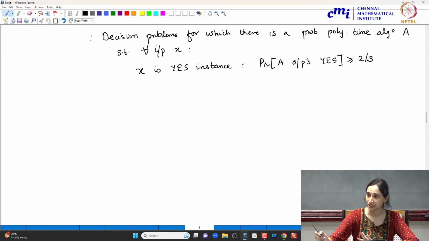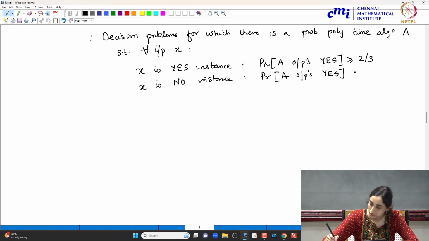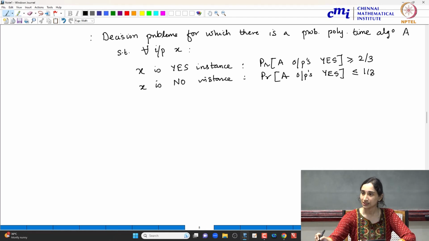With reasonably good probability, you should say it is yes. If it is a no instance, the probability with which A outputs yes is at most 1/3. This seems like a reasonable requirement.